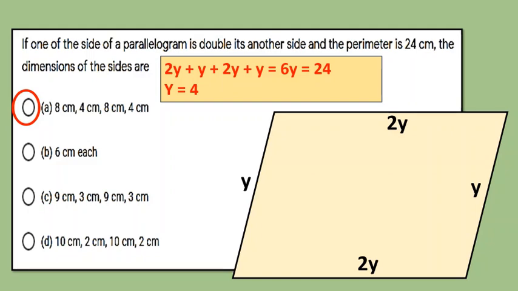So y is 4. But the dimensions are asked. So 4, another also 4. 2y is double 4, so 8. 4, 8, 4, 8 should be the dimensions of the parallelogram sides.